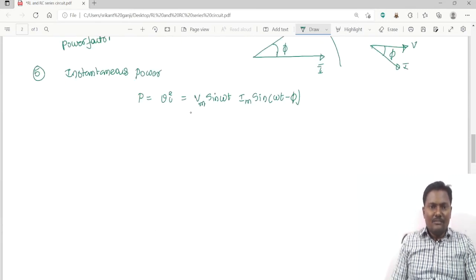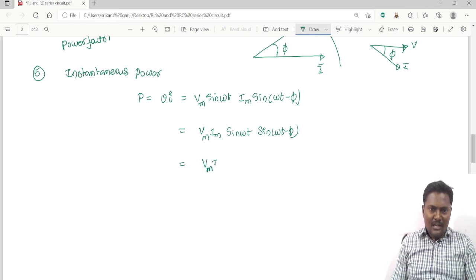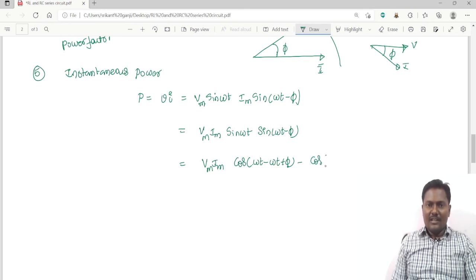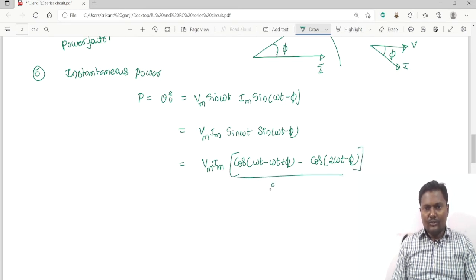So Vm into Im, sin omega t into sin of omega t minus phi. So Vm Im into cos of A minus B, meaning omega t minus omega t plus phi, minus cos of A plus B, 2 omega t minus phi, divided by 2.